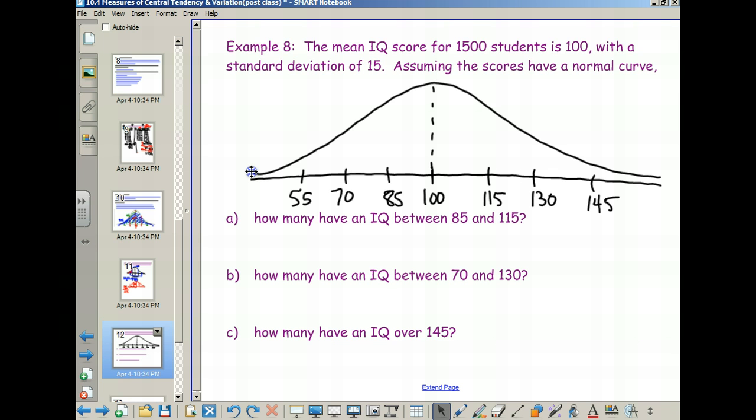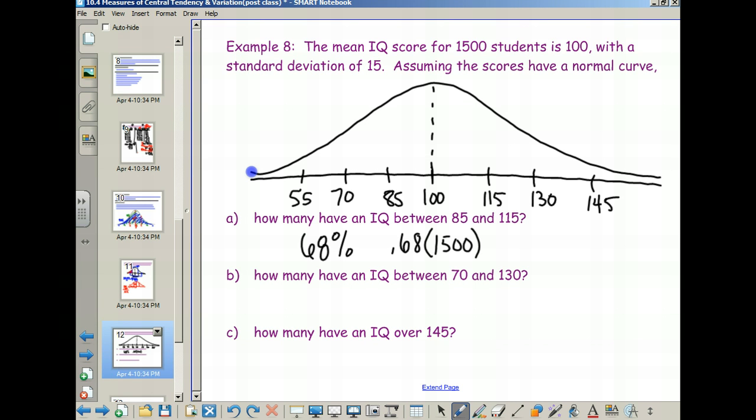So Part A says how many have an IQ between 85 and 115? What percentage of my values lie between 85 and 115? 68%. So the question is partly answered by 68%. But the question didn't say what percent. What did it ask? How many? So if I have 68%, how do I find how many? 0.68 times what? 1,500.